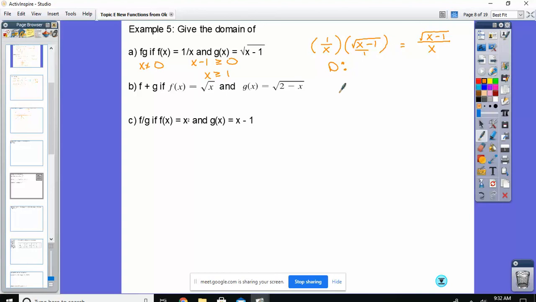If x is greater than or equal to 1, do I have to worry about it equaling 0 anyway? No. So for my domain, I could really ignore the 0 in this case, because I already know it's something bigger than 1, and just write that interval. Bracket 1, comma, infinity.